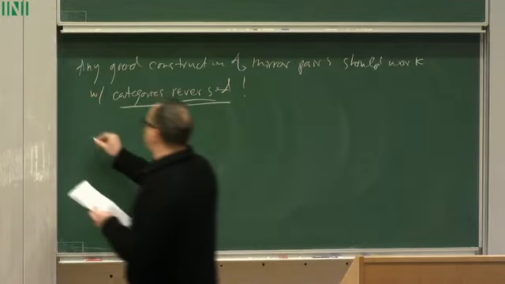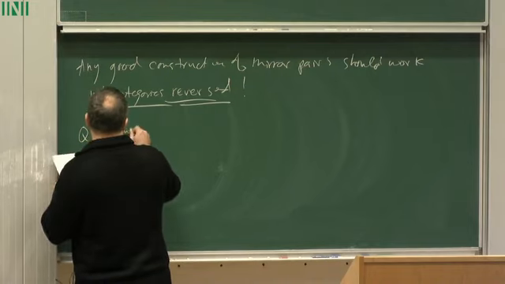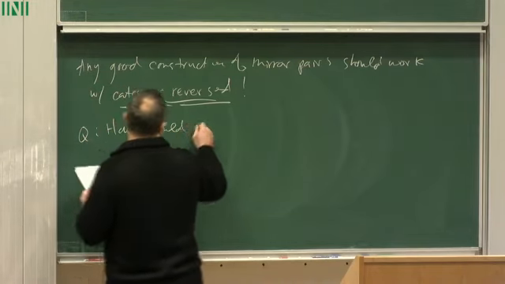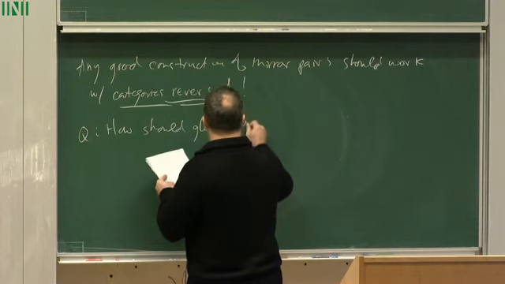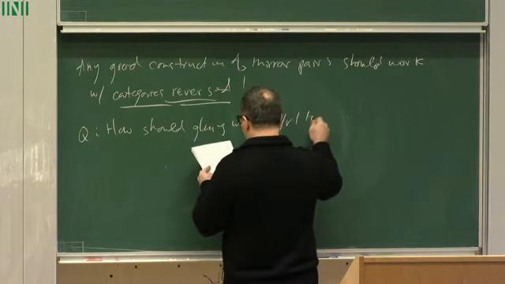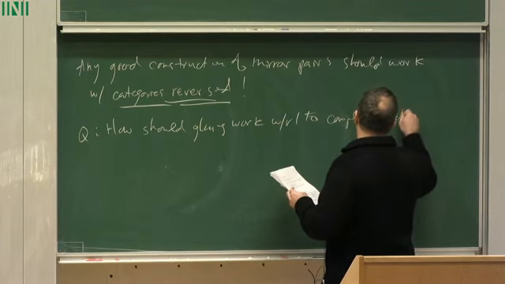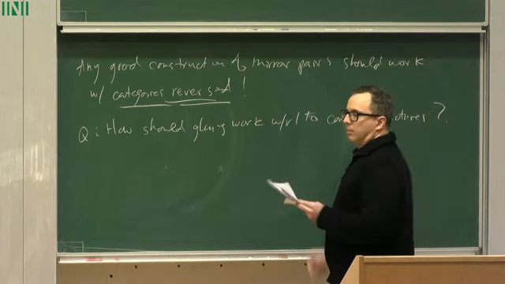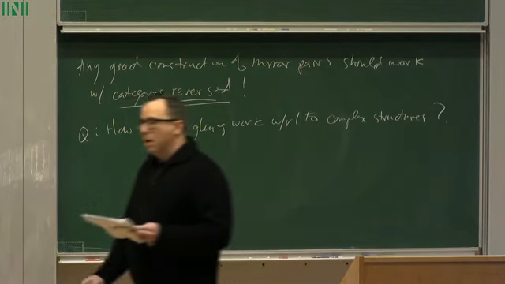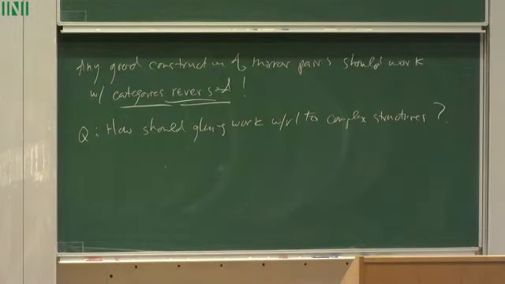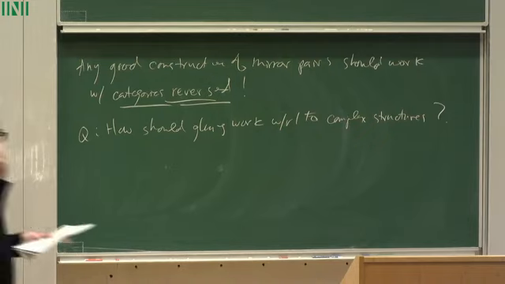So the question is, how should gluing work with respect to complex structures? Okay? So now we're talking about the B model story on the Landau-Ginzburg side, on the fibration side. So we're talking about periods, if you like. Relative periods for Landau-Ginzburg models, that means periods for the fiber Calabi-Yaus.